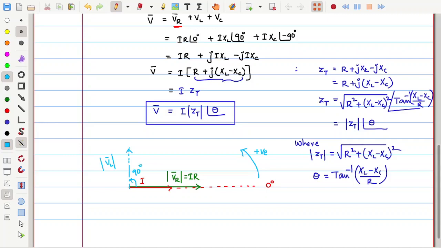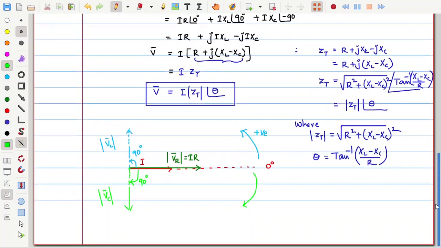Similarly, I will put up the capacitor voltage here, whose angle is minus 90. Minus 90 means clockwise. So here I will put up the capacitor voltage VC bar magnitude, in the clockwise direction at 90 degrees. So this is the phasor diagram of this series RLC circuit.